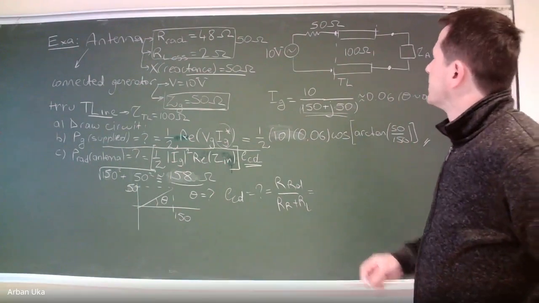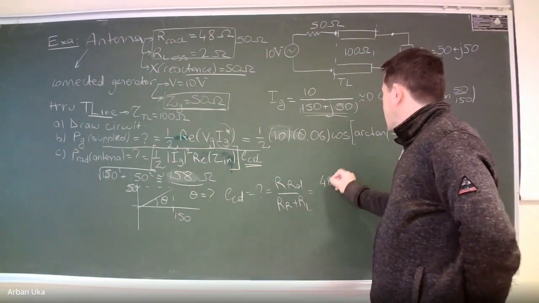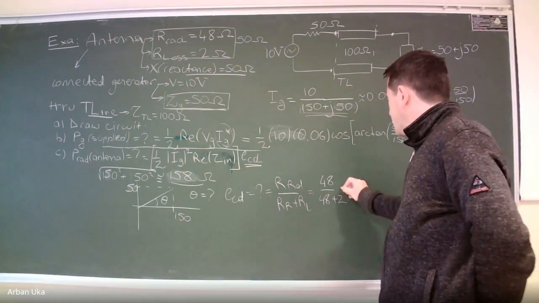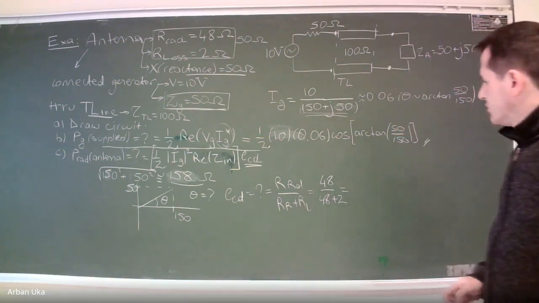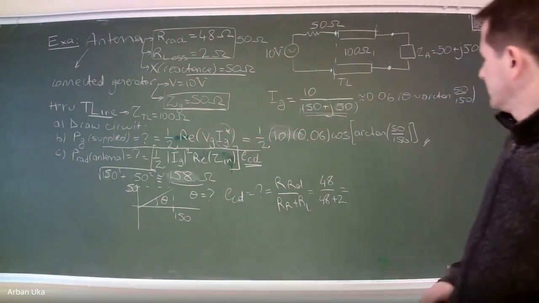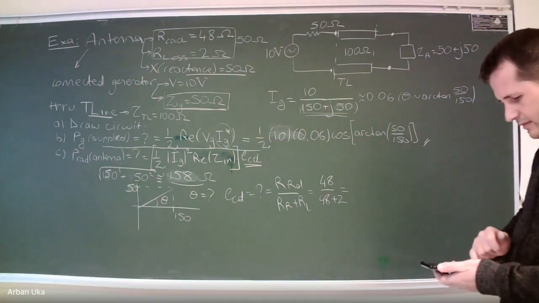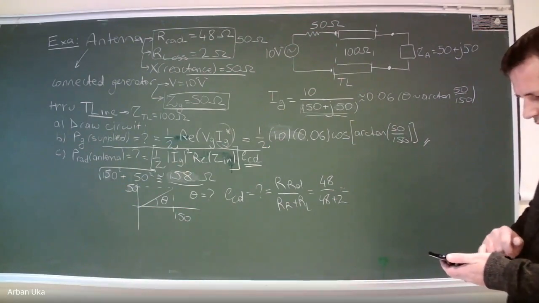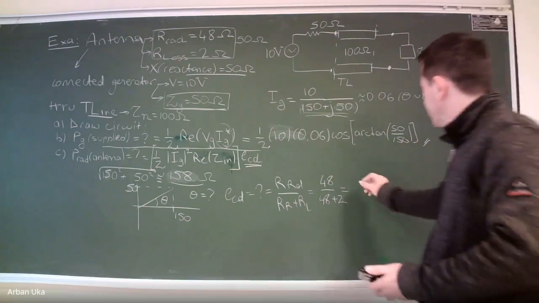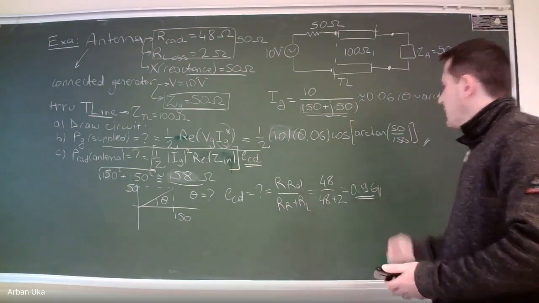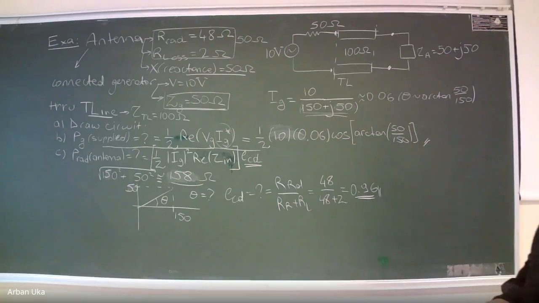And here this is going to be something like simply 48 divided by 48 plus 2. So the numbers that we can get from here, this is going to be 48 divided by 50. Okay, so we have the ECD.